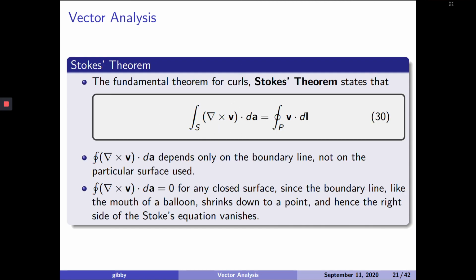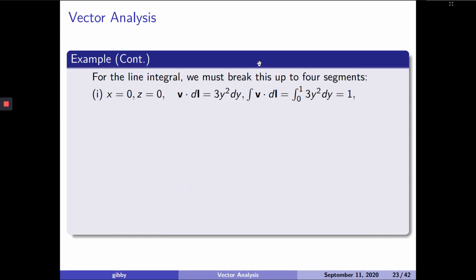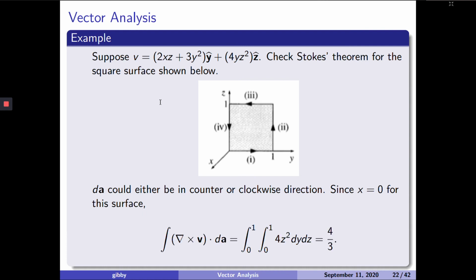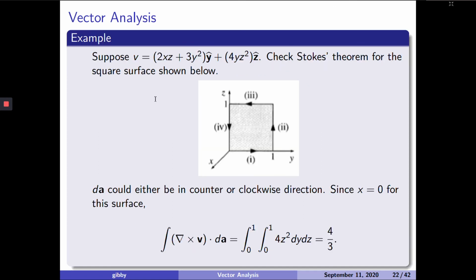For the right hand side, you sum up the line integral. So we have region 1, region 2, region 3, and region 4. For part 1, x equals 0, z equals 0, right?